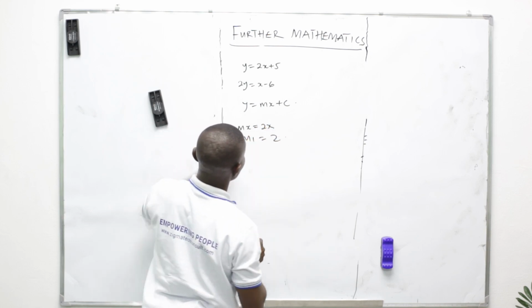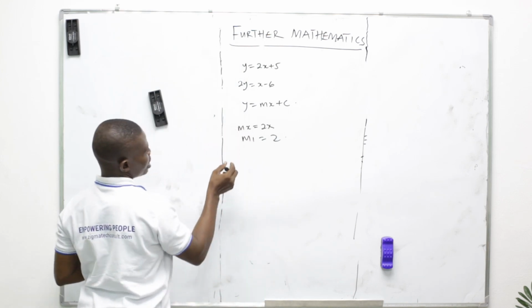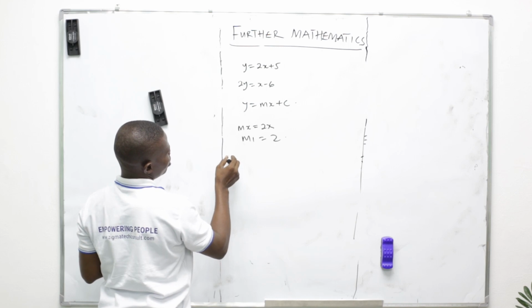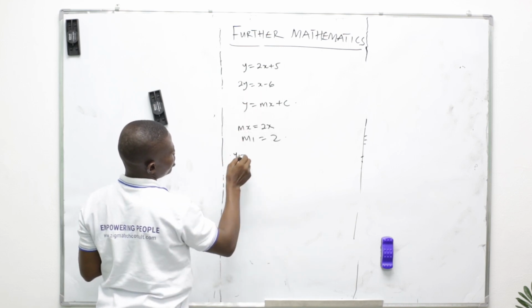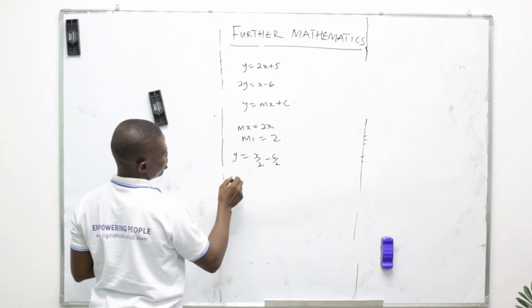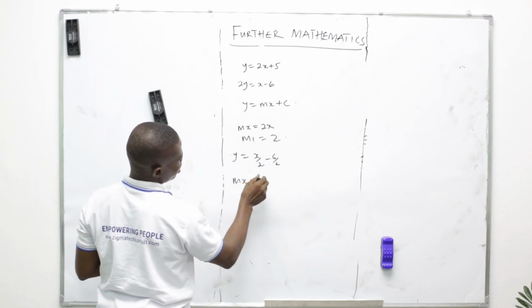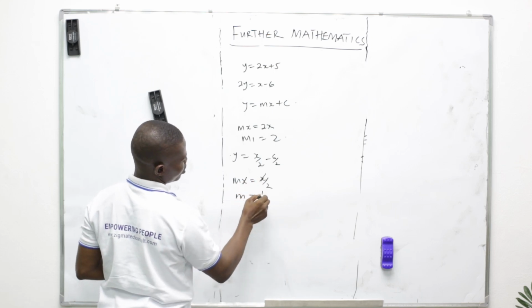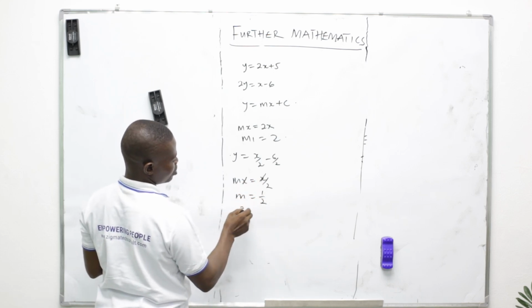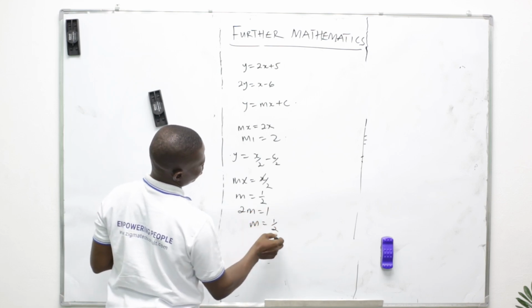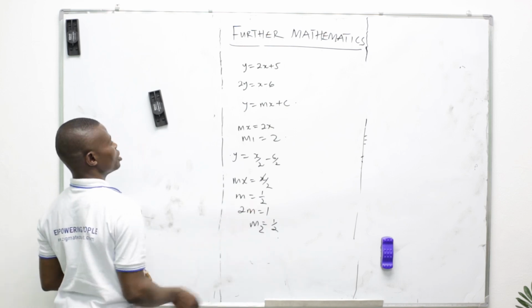I have this one now for line 1. So let me think about m2. For m2 here now, make y the subject of the formula. y will give us x all over 2 minus 6 all over 2. So that mx equals x all over 2, this guy here, m equals 1 over 2. If I cross multiply, 2m equals 1, m equals 1 all over 2, meaning m2 is this.